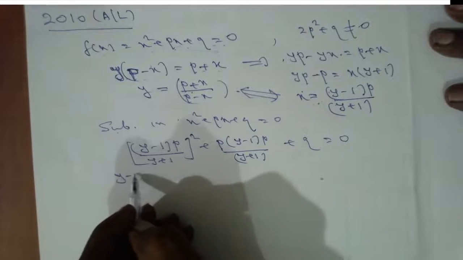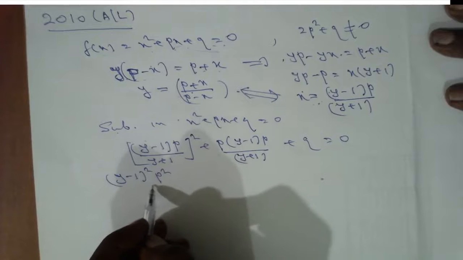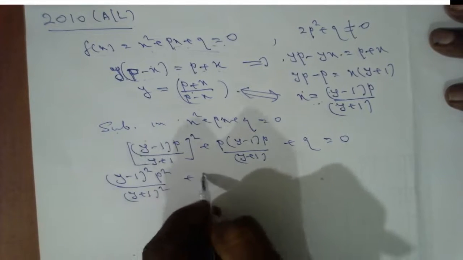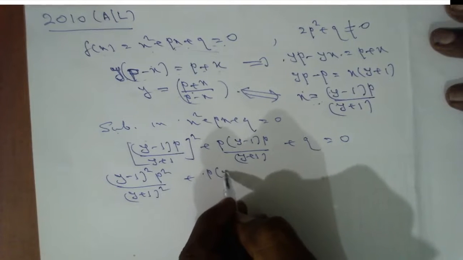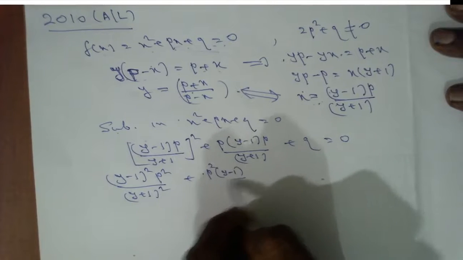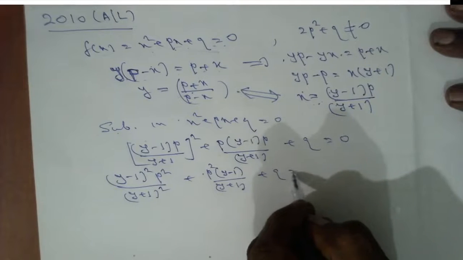So y minus 1 squared p squared over y plus 1 squared, plus p squared times y minus 1 over y plus 1, plus q equals 0.